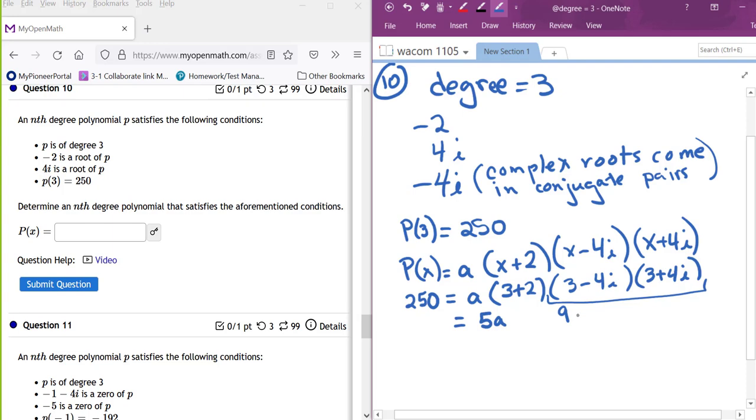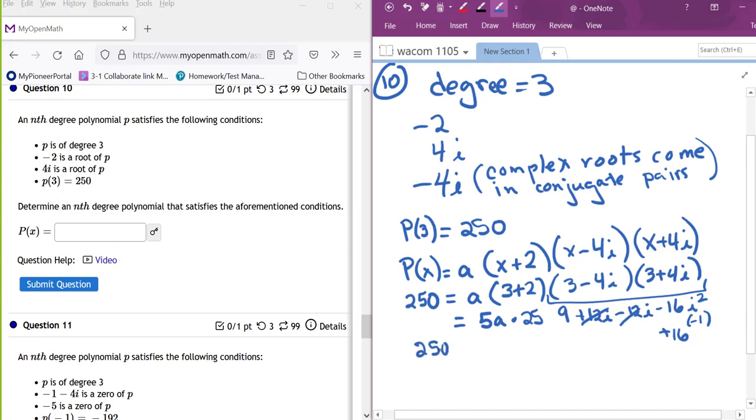So we have plus 12i minus 12i and minus 16i squared. These go out. I squared, remember, is negative 1. So this gives us plus 16. So 16 plus 9 gives us 25. So we have 5a times 25.